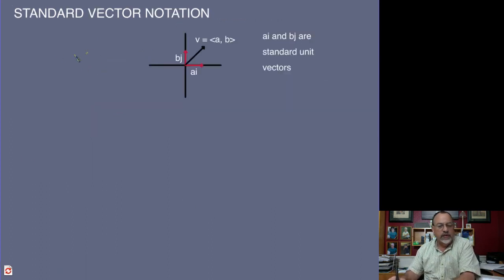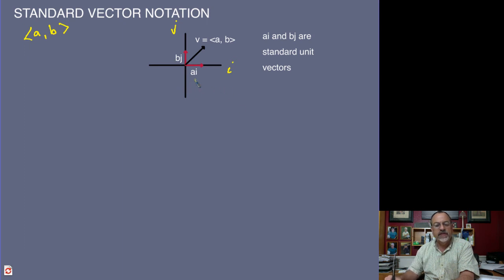We've been representing vectors using the component form. There is another way to represent vectors, and that is what we call standard vector notation. In standard vector notation, the horizontal axis is considered the I-axis and the vertical axis we would consider the J-axis.